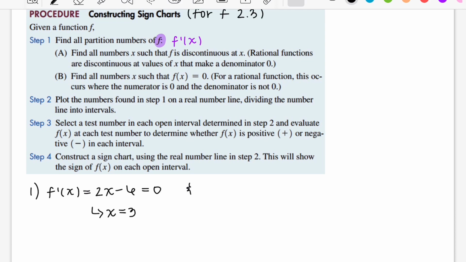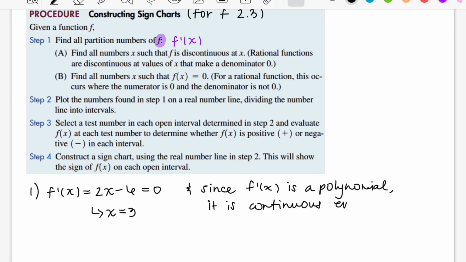And since our derivative is a polynomial, it is continuous everywhere. So our only partition number in this case will be x is equal to 3. Alright, so we found all partition numbers for f prime of x.